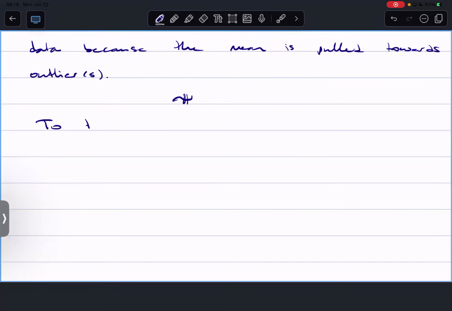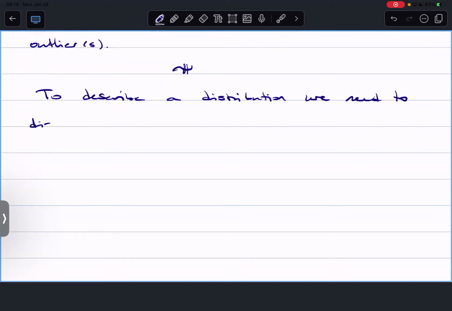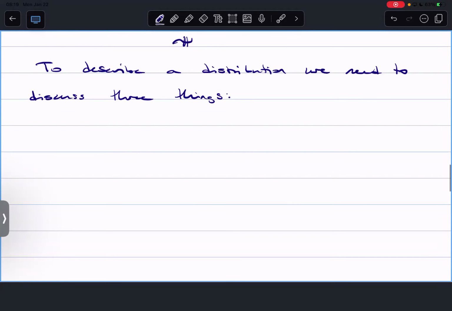For the shape, I'm happy with just focusing on, is it normal or is it non-normal?